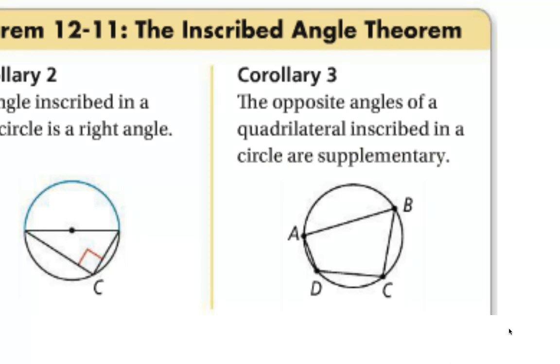So here's what we mean by that. So angle A and angle C are opposite angles. We are saying that those angles are supplementary, same as these two. And we can do a little proof of that just looking at it.